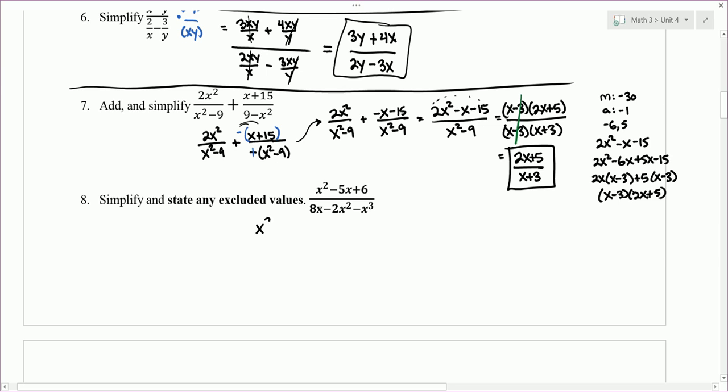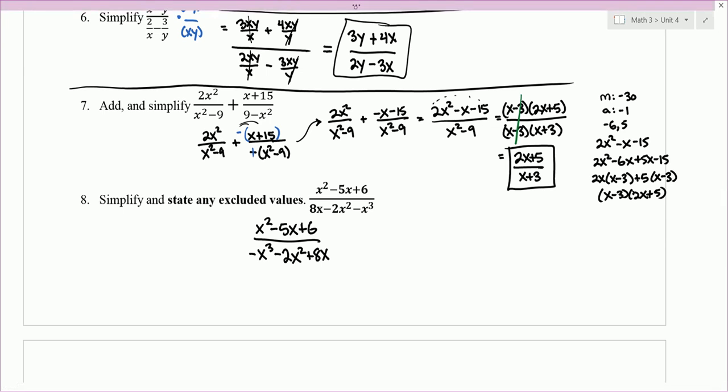So we get x squared minus 5x plus 6 over negative x cubed, negative 2x squared, and a positive 8x. And then we're going to begin factoring this.